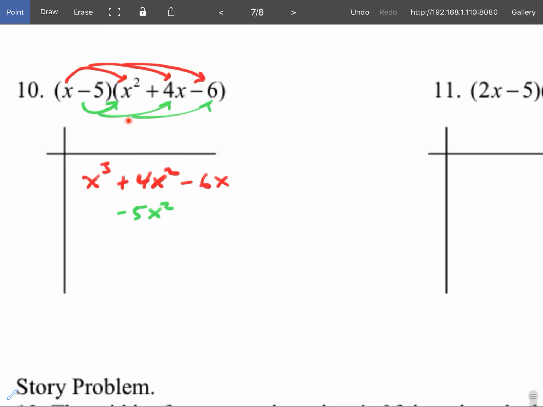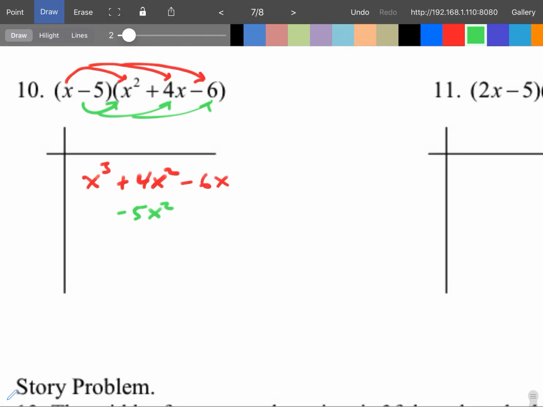All right, the next one we got to do is we got to do the -5 times the positive 4x. So what's -5 times positive 4x? Alyssa? Yeah, -20x, good.